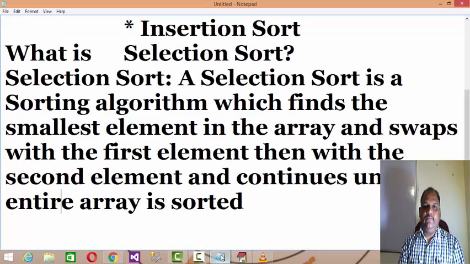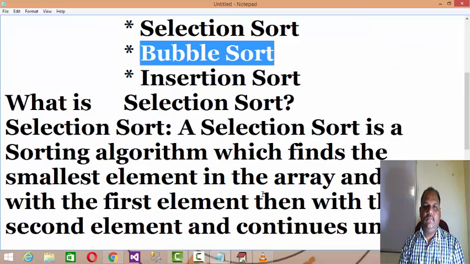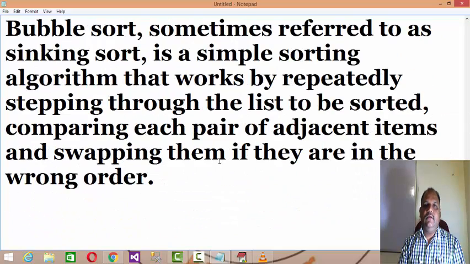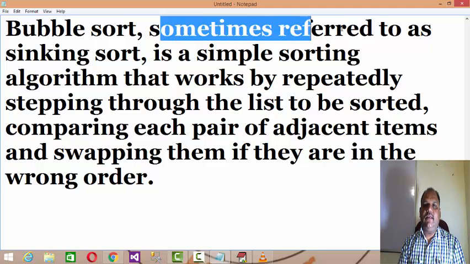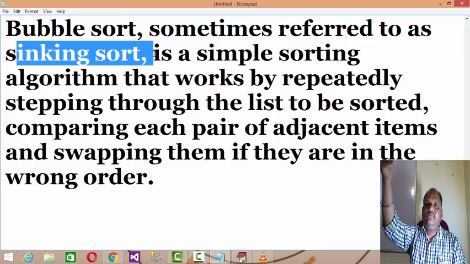Now let us go for the next way of implementation, that is the bubble sort. Bubble sort is sometimes referred to as a sinking sort. Let's say how the bubble will travel. If you are in the water, you will find that bubbles come from the bottom to top.